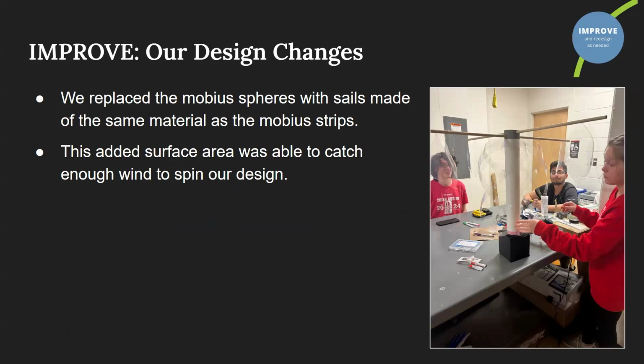To improve our design to allow it to spin, as it did not spin earlier, we replaced the hanging Mobius spheres with sails made out of the same material as the original Mobius strips. This added surface area would catch the wind a lot more readily than the Mobius strips did.